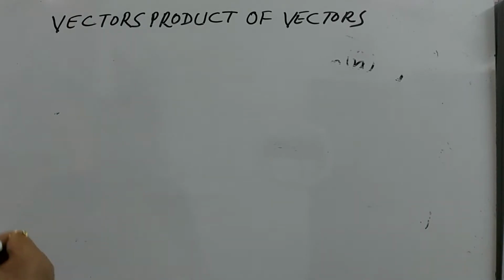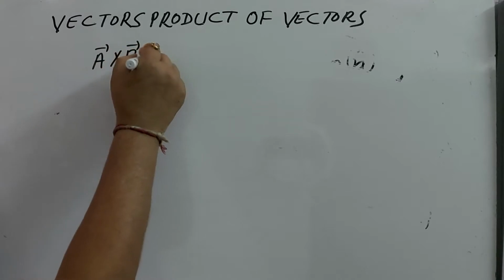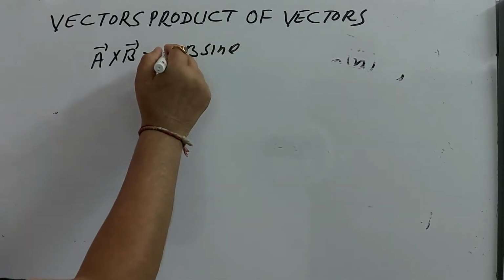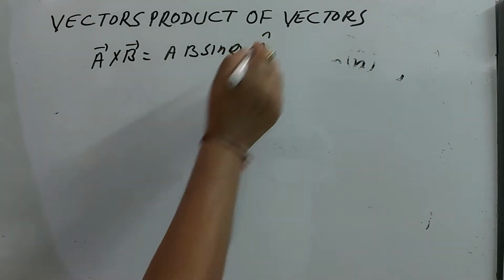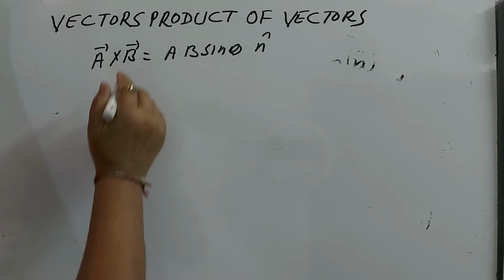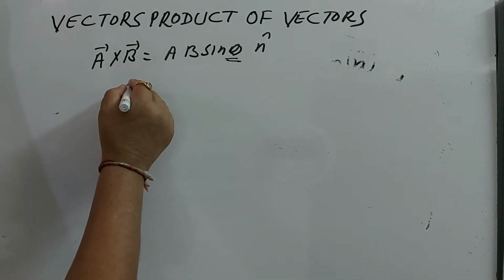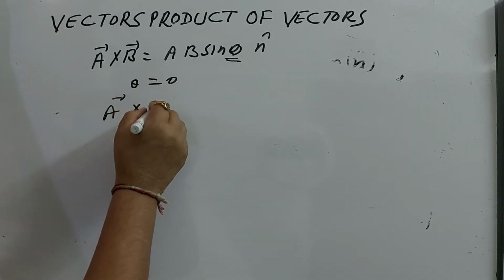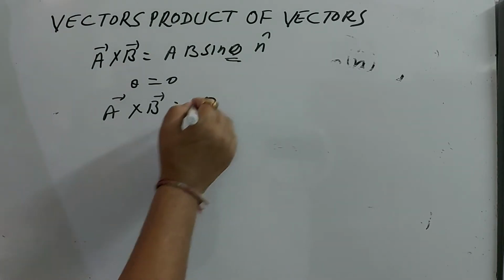Now A cross B is AB sine theta: magnitude of A into magnitude of B into sine of the angle between them into this unit vector. Now if the angle between them is 0 degree, theta is 0 degree, then A cross B is equal to A into B into sine 0, so this will be 0.